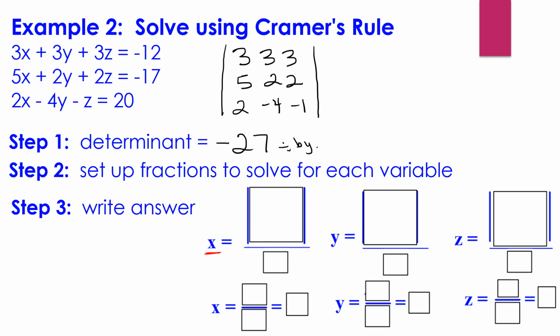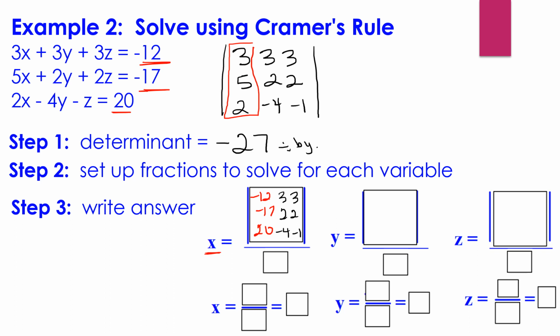So that again is what I'm going to divide by for each of the variables individually. Okay, sticking with my same color coding, all of my x's, those coefficients in that first column, now get replaced with the constants -12, -17, and 20. The remaining elements stay as they are. So it's -12, 3, 3, -17, 2, 2, and 20, -4, -1.